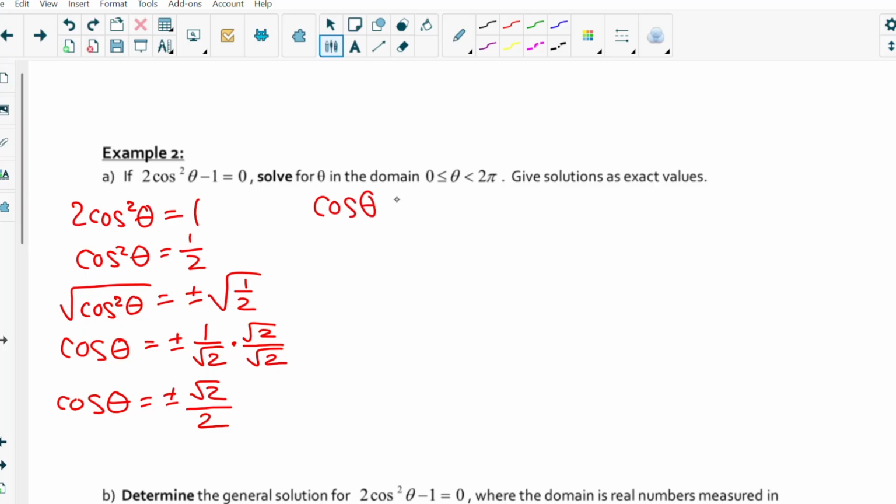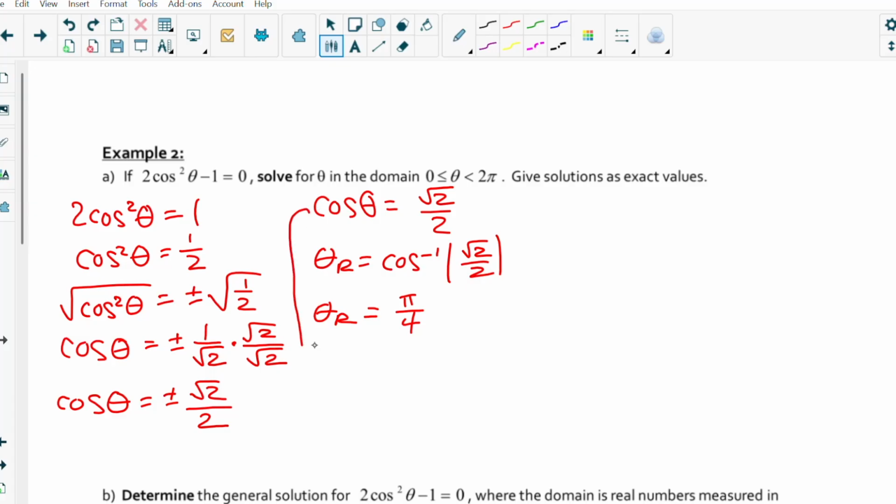Let's do the positive and the negative case. So I have cosine of theta equals positive square root of 2 over 2. My reference angle equals the inverse cosine of the absolute value of square root of 2 over 2, so my reference angle equals pi over 4. Cosine is positive, so cosine of theta is greater than 0, so I'm in quadrant 1 or quadrant 4.